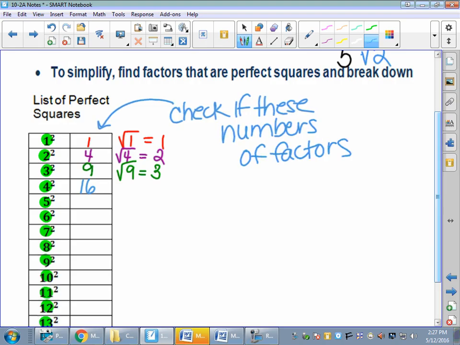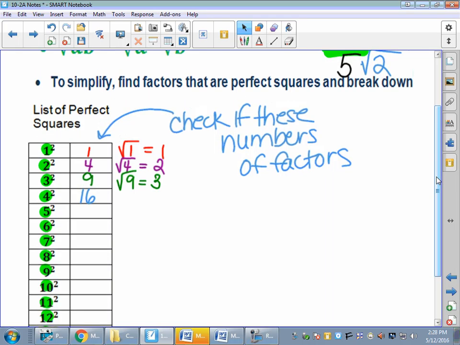You don't care about any other numbers except for 1, 4, 9, 16, 25, and so on. 1, actually, I skip it every time because 1 doesn't do anything for us, so don't even worry about the 1. Start with the 4, 9, 16, 25, and so on. So that's what we're looking for when we are finding factors that are perfect squares. Does that make sense to everybody?